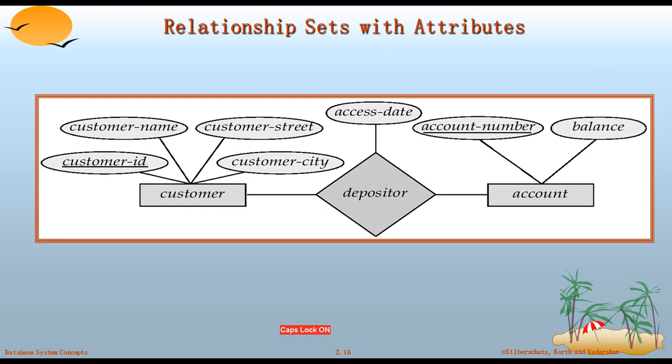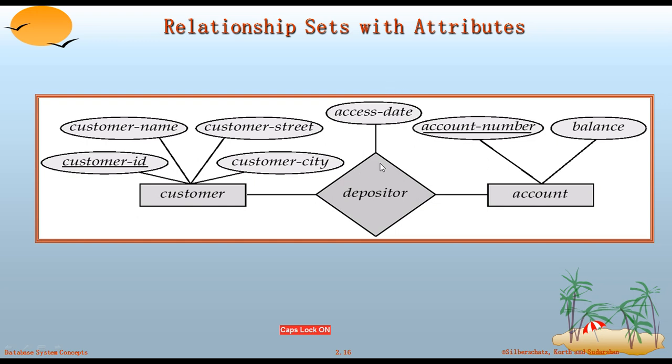Relationship sets with attributes. Now we have customer and its attributes, account and its attributes. We have one relationship set, depositor, and in that we can see one attribute.